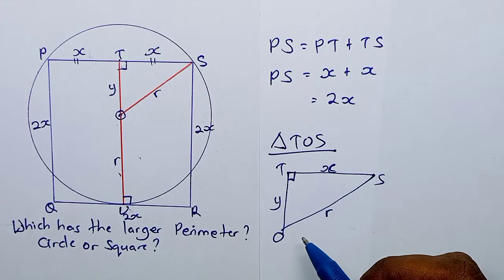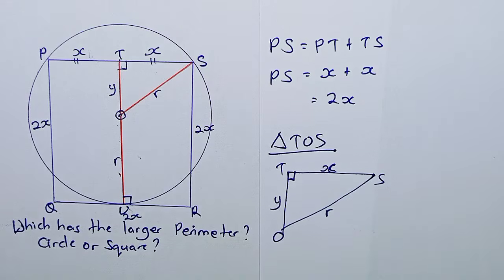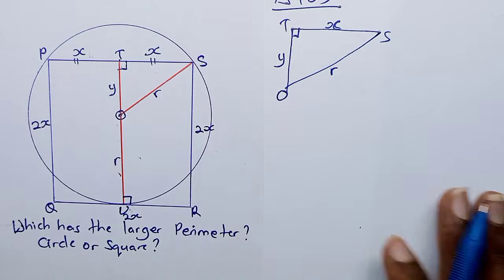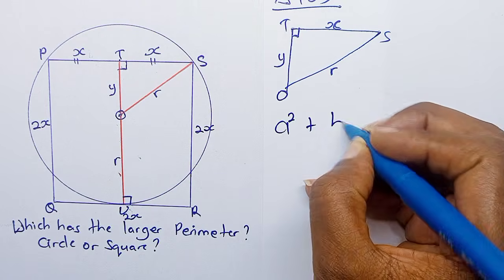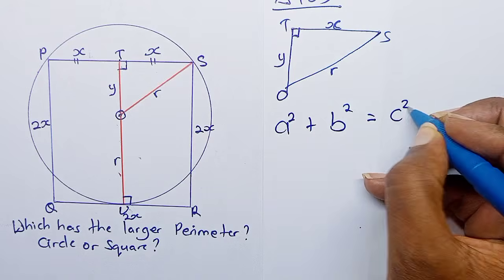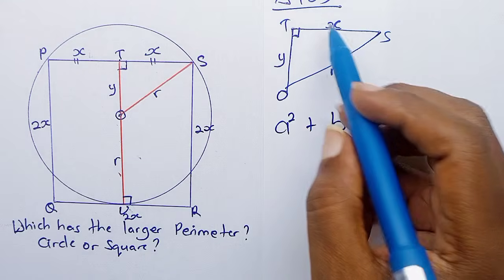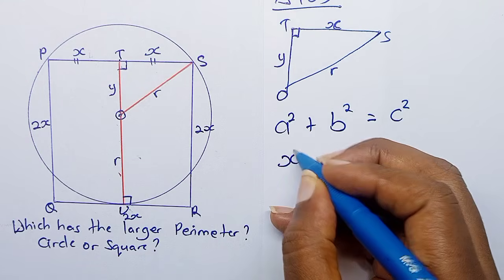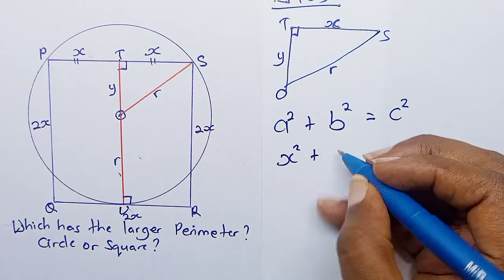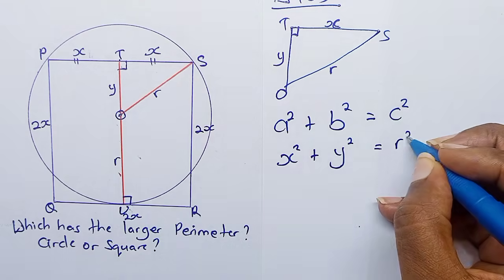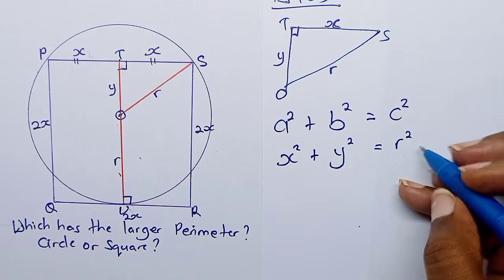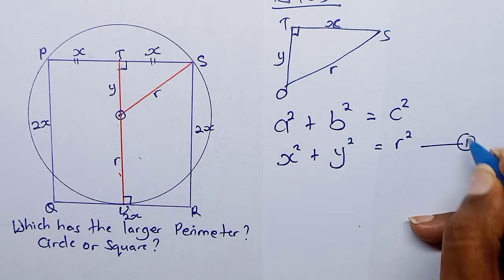Since it's a right angle triangle, we're going to solve it using the Pythagoras theorem. Pythagoras theorem is A squared plus B squared is equal to C squared. Our A is X, so X squared plus our B is Y, Y squared, our hypotenuse is R, so R squared. Let this be equation 1.